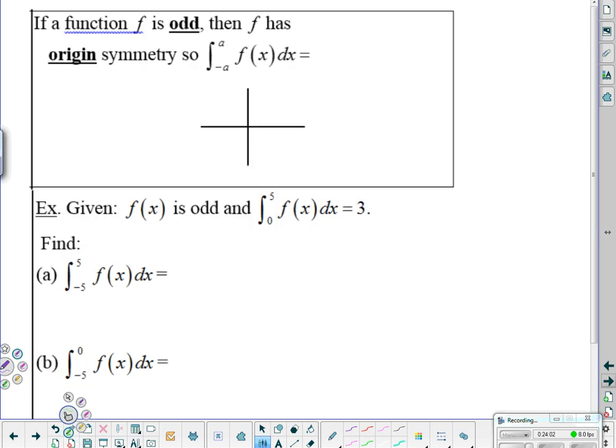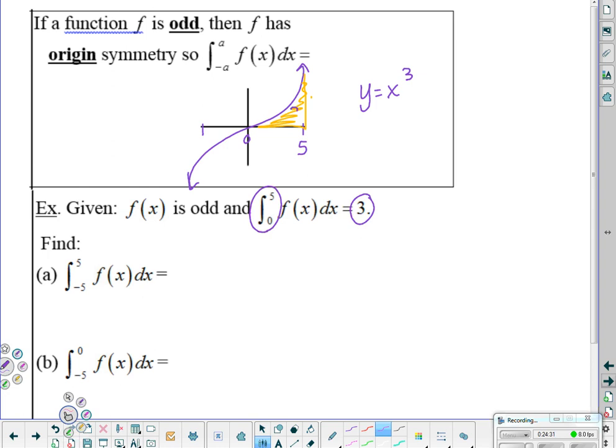Well, if we study even, we better give odd its fair shake. So let's create an odd function. I'm thinking like maybe y equals x cubed. How about that? And then it's saying from a to negative a, they're giving us 5. So let's just pretend this is our problem. From 0 to 5, the area under the curve would be this space here, and it has a value of 3.